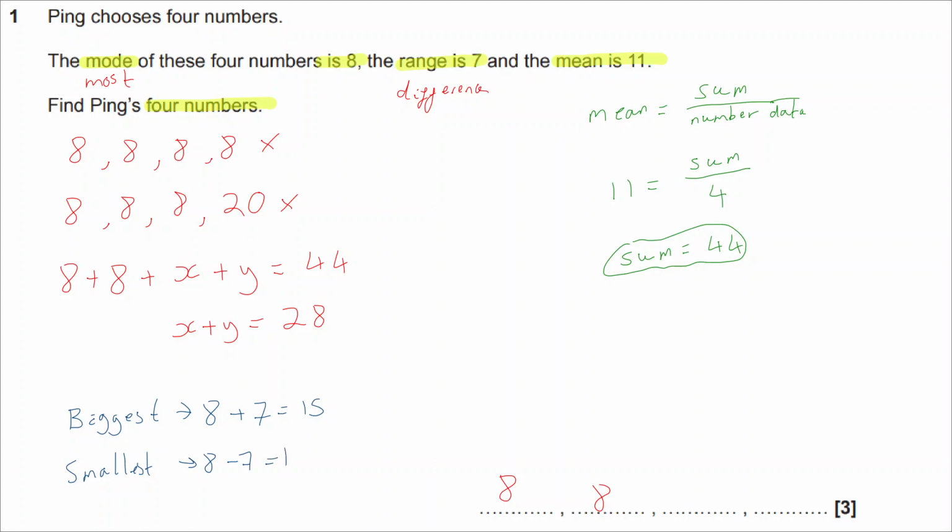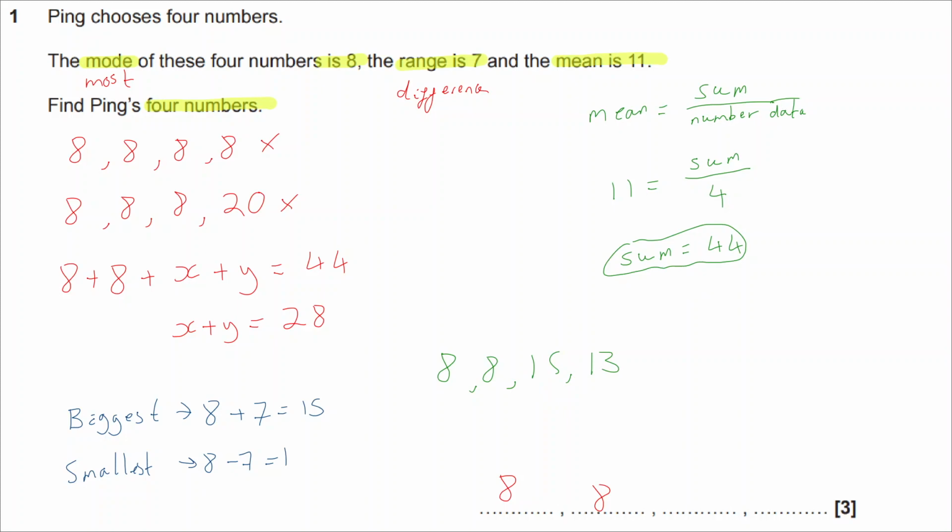Now let's say I choose the biggest possible outcome, which would be 15. So I'm doing a bit of trial and error here. If I did use 15, 8 add 8 is 16, add 15 is 31. To get to 44, that would leave me with 13 left over.